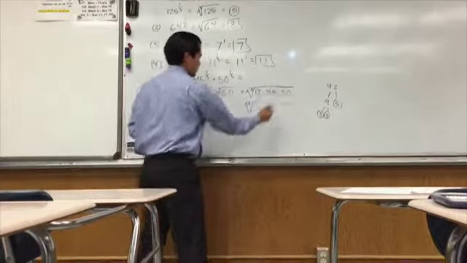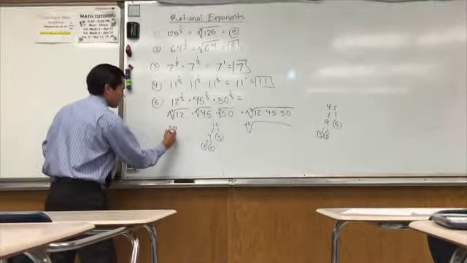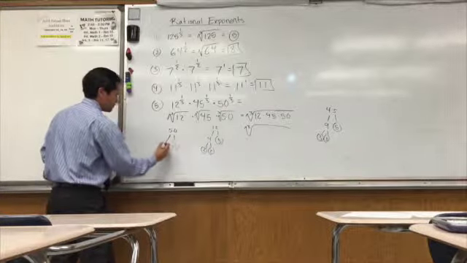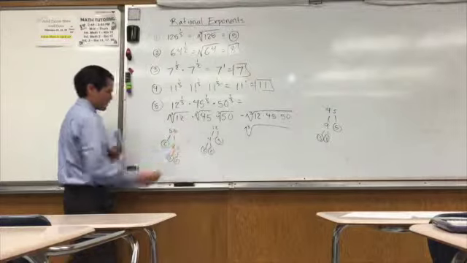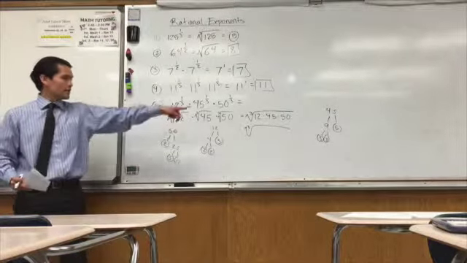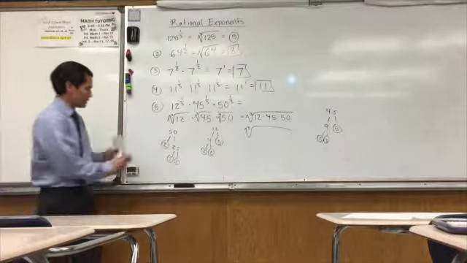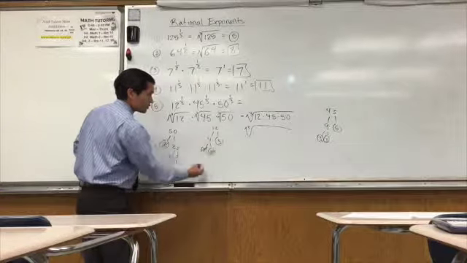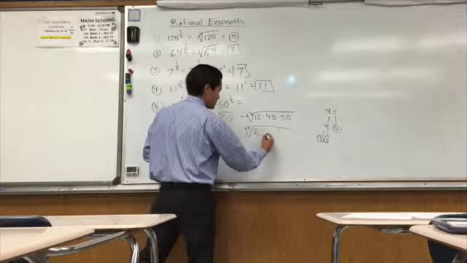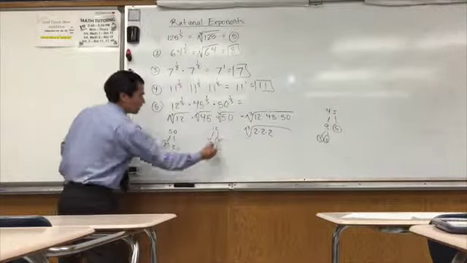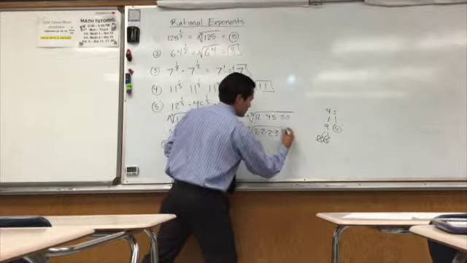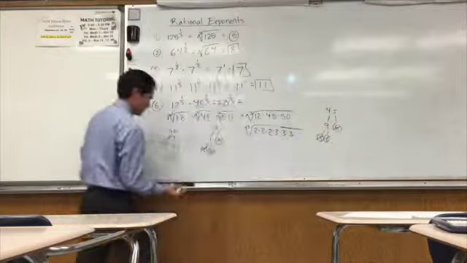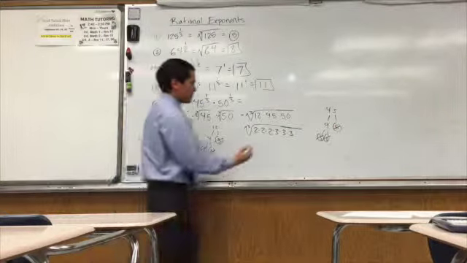Let's make a factor tree for 50. That's 2 and 25. And 25 is 5 and 5. So what I have inside of my radical is 1, 2, 3, 3 2's; 1, 2, 3, 3 3's; and 1, 2, 3, 3 5's.